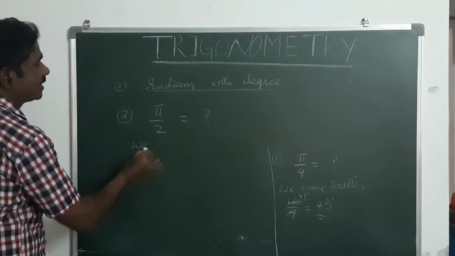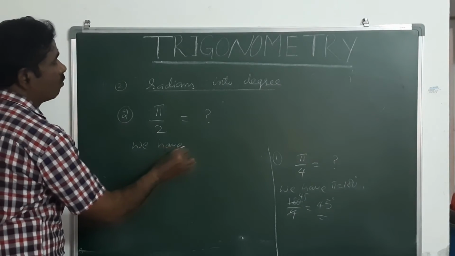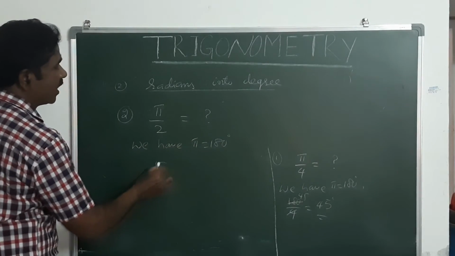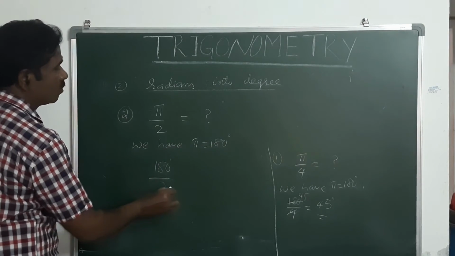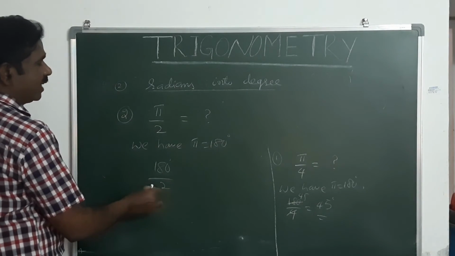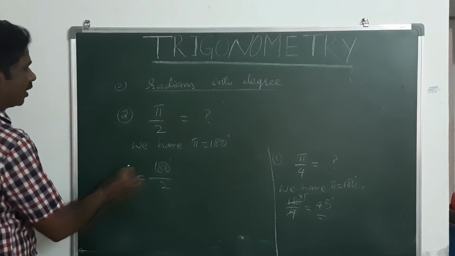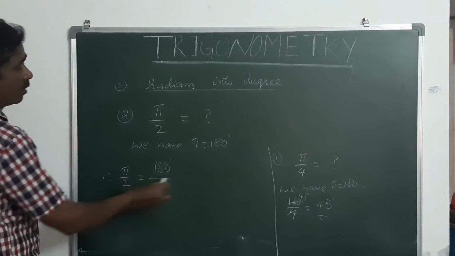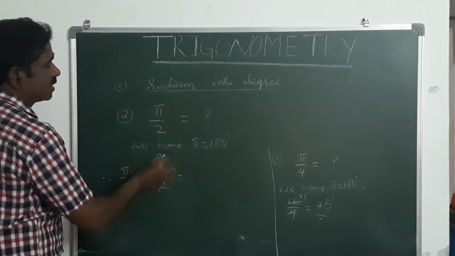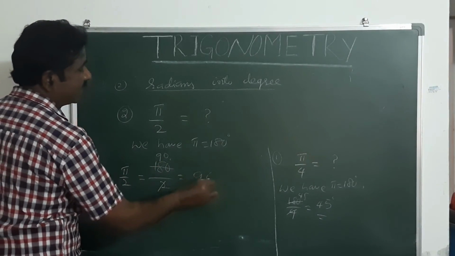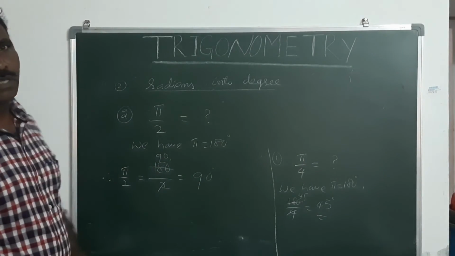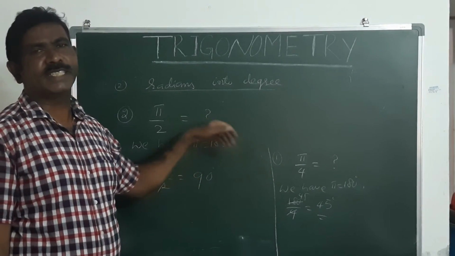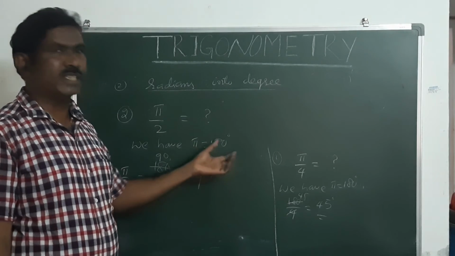Again, we have pi equals 180 degrees, so 180 degrees by 2 is required. Therefore pi by 2 equals 90 degrees. Like this, we can convert degrees into radians and radians into degrees. This is the system.